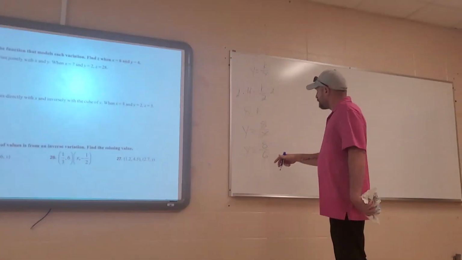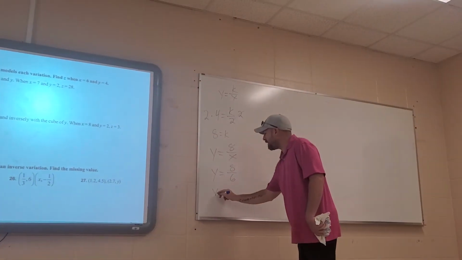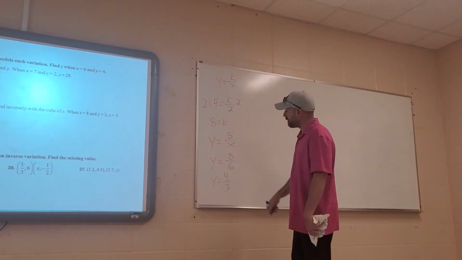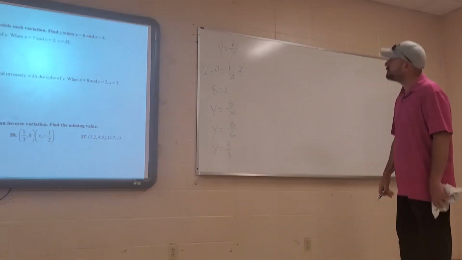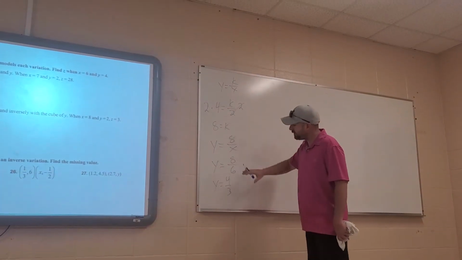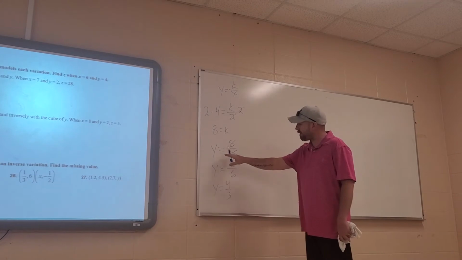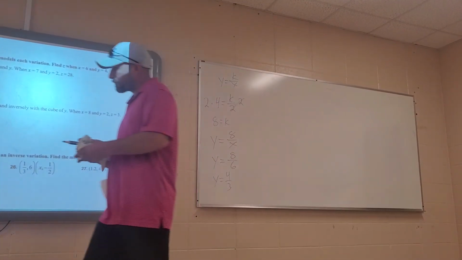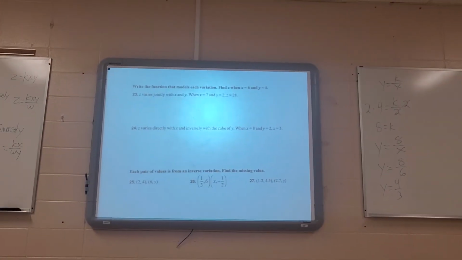Okay? And so y is 4 over 3, or you could leave it as 8 over 6. It doesn't really matter. Okay? That's all you're doing here. So first find k, then plug in what you know in the formula, and it'll get you the one that's missing. Y'all can do the other two.